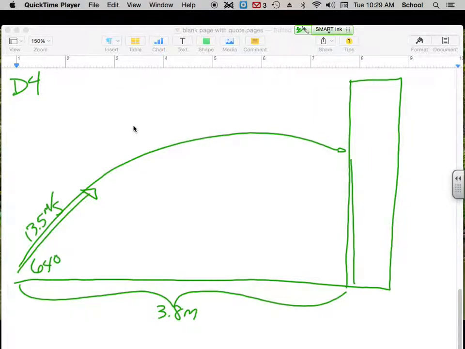So first thing we want to find out is the dV. How can I find out the dV? We have an equation for that. And that's going to say gt squared over 2 plus dvit. The problem is the only thing I know there is g.